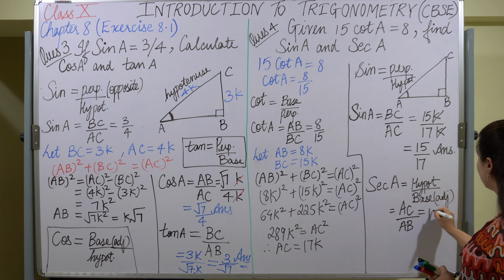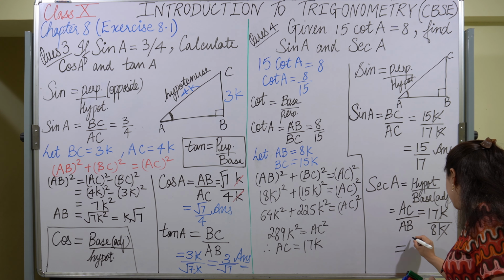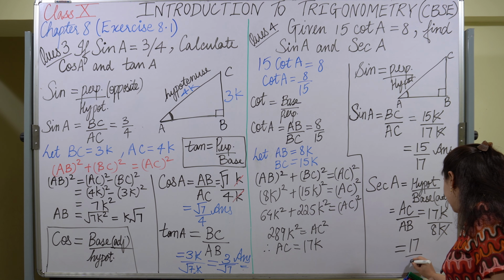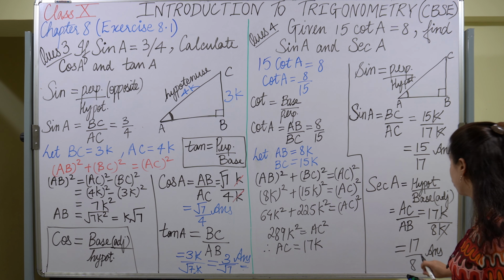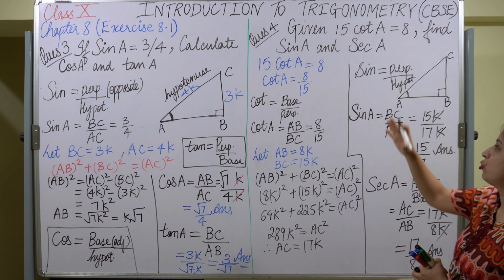So k gets cancelled and we are left here with 17 upon 8 as our answer. Whenever the ratios are given in this form, we first need to find the third side, which is not given, with the help of Pythagoras theorem. Then we apply the ratio formula, whatever the ratios asked, put in the values, and we will get the answer.